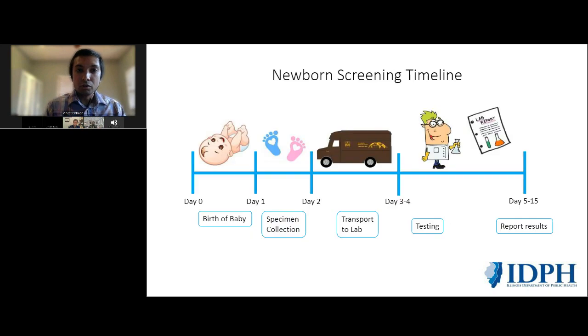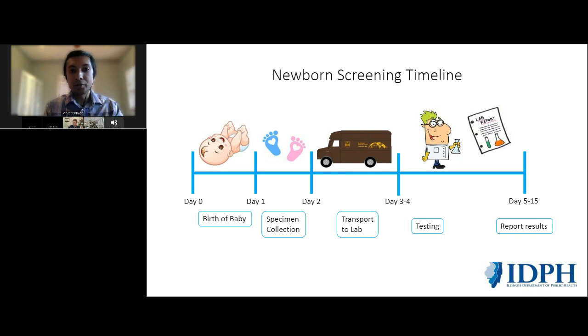So a general overview of the newborn screening timeline. At day 0, you have the birth of the baby. Typically, the blood of the baby is collected after 24 hours, usually via heel prick, and then the blood is spotted on specific cards, which we call U3 cards, which I'll discuss in a minute.